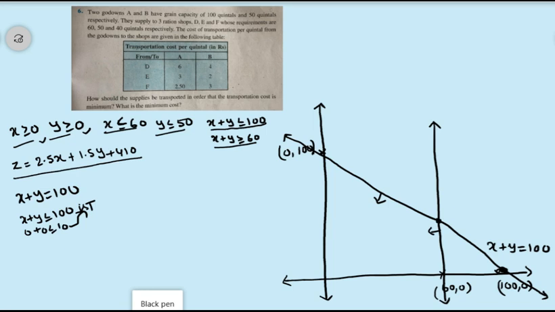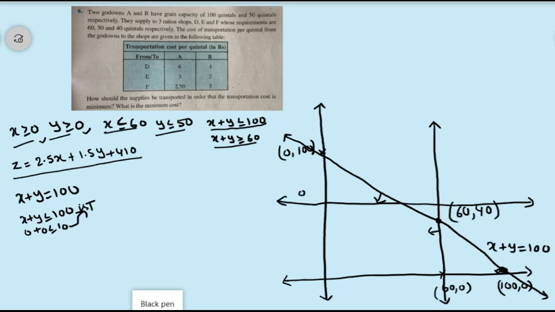Next we have to draw the line y is equal to 50. Before going to draw the line y is equal to 50, can you tell me what about this one? X is equal to 60, you will get y is equal to 40. Now y is equal to 50 line. So this is the line y is equal to 50.